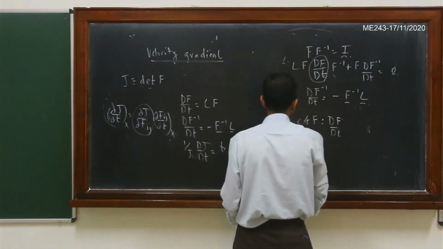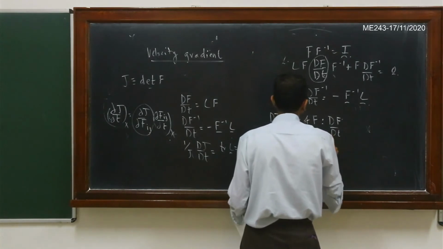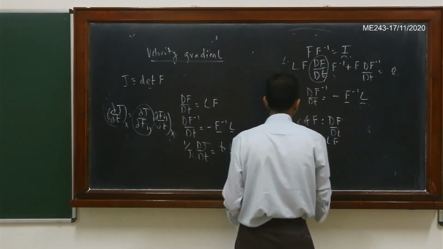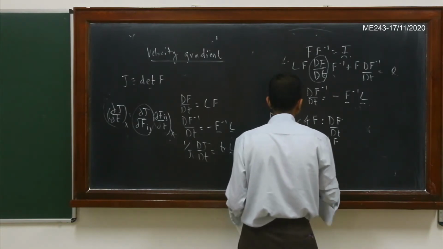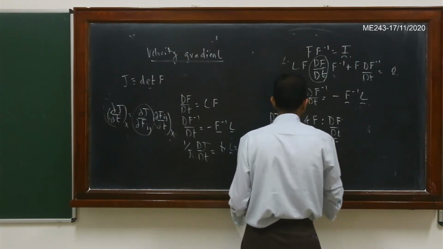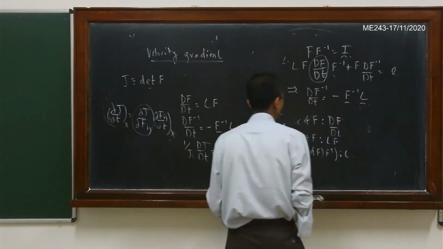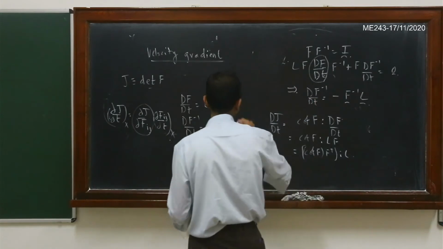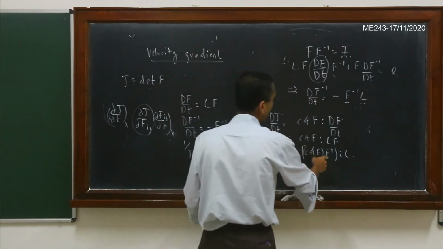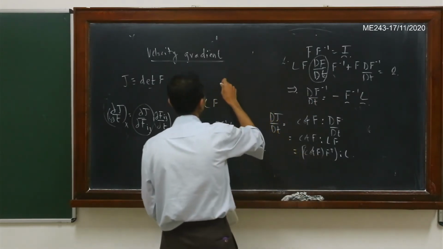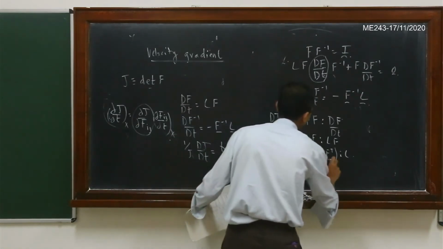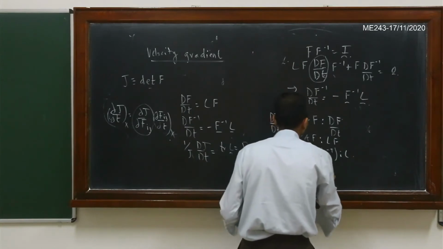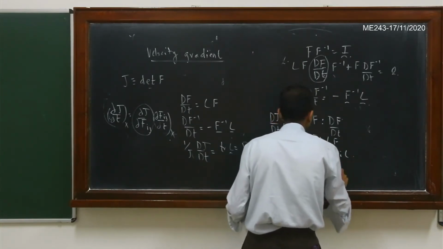So this is equal to cofactor f times LF, and this I can write as cofactor f times f transpose times L, and the cofactor f times f transpose is nothing but determinant of f times the identity tensor, right?